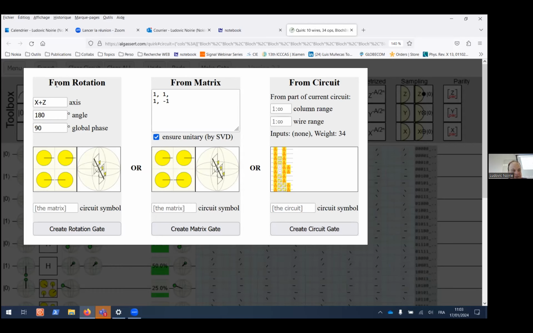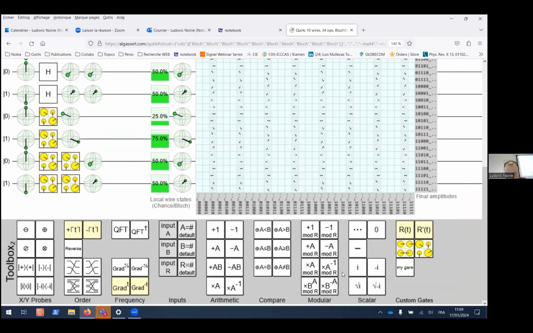So here we see how to implement personal gates using the rotation or using the matrix representation. And then you can create the gate. Here, my gate. We do matrix, and you have my gate.